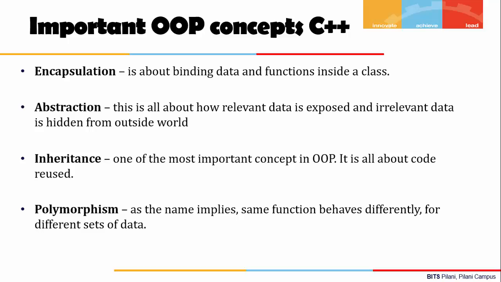We have seen data encapsulation and hiding. Next, abstraction. Abstraction refers to showing only the essential features of the application and hiding the details.